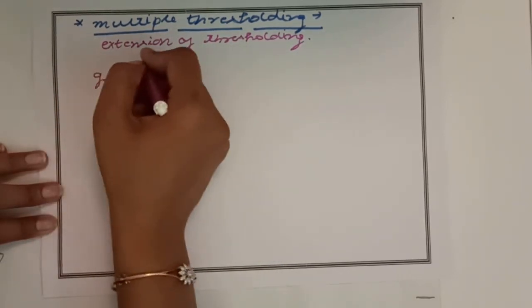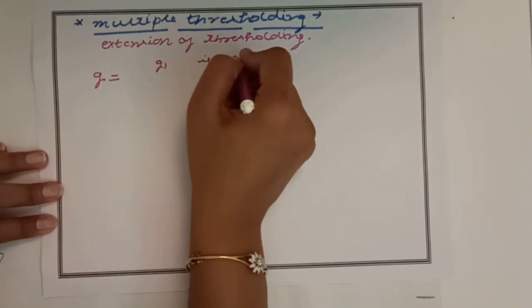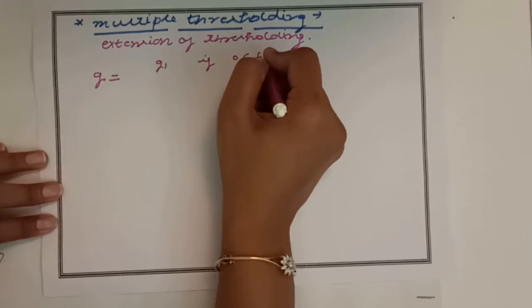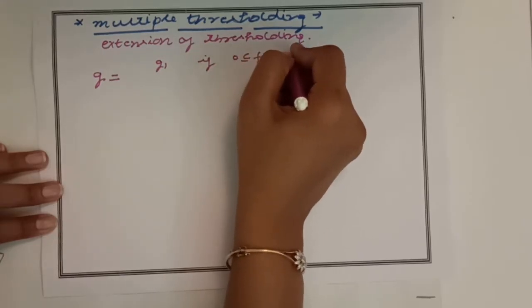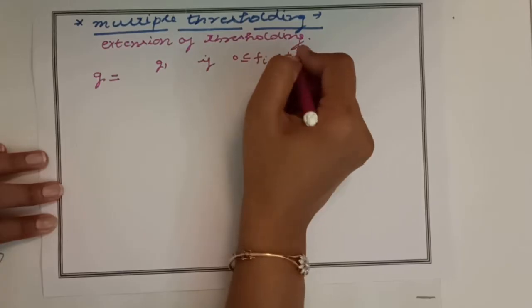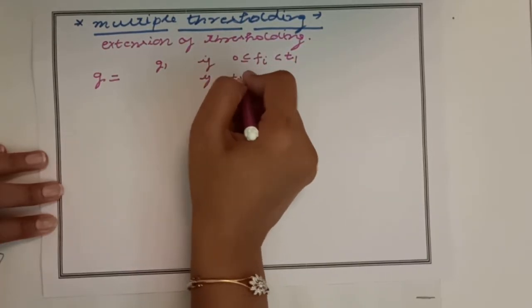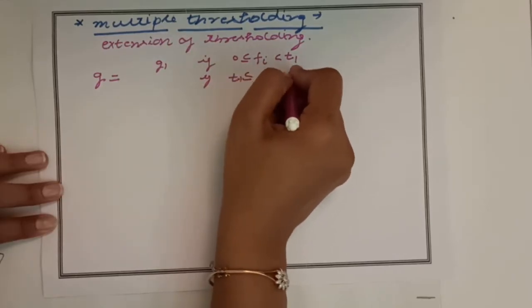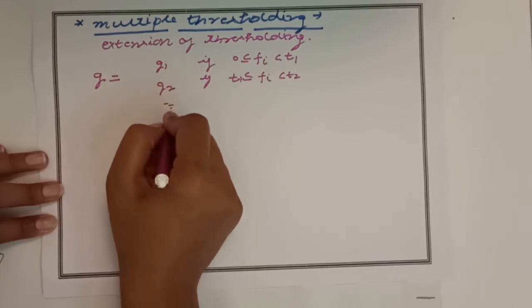So what would G be? It can be written as G1 if the input image Fi is in between 0 to T1. If it is in between T1 to T2, it can be written as G2.